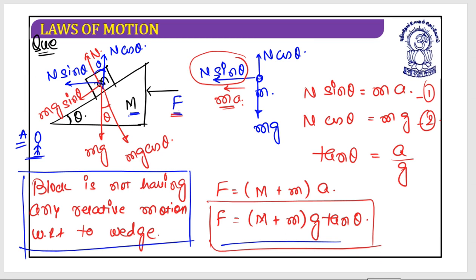So this is the second time I have proved that if you observe it from an inertial frame of reference, you get the same answer as from a non-inertial frame. The only difference is that if you take the observation from a non-inertial frame of reference, you need to apply a pseudo force, and if you observe from an inertial frame of reference, do not apply a pseudo force. I hope this is clear.